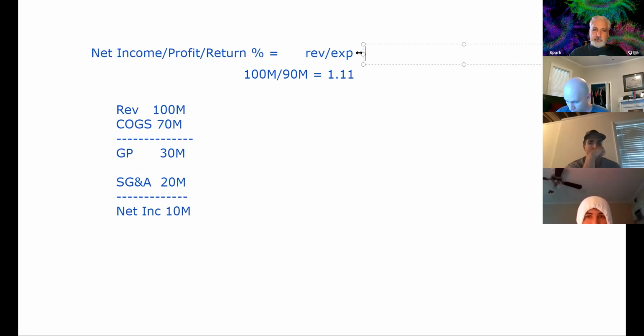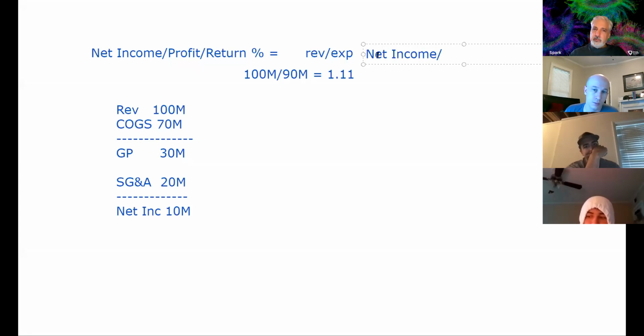We want to take a shot based on the income statement below. What's in the numerator? Net income. Net income, good answer. So if net income's in my numerator, what do I have in my denominator?